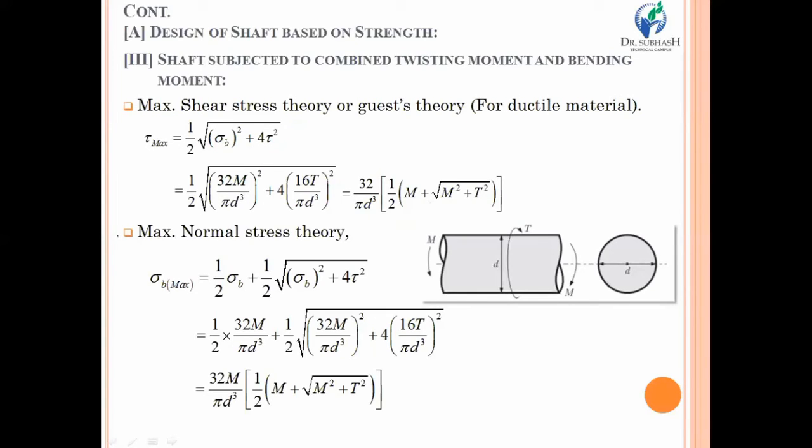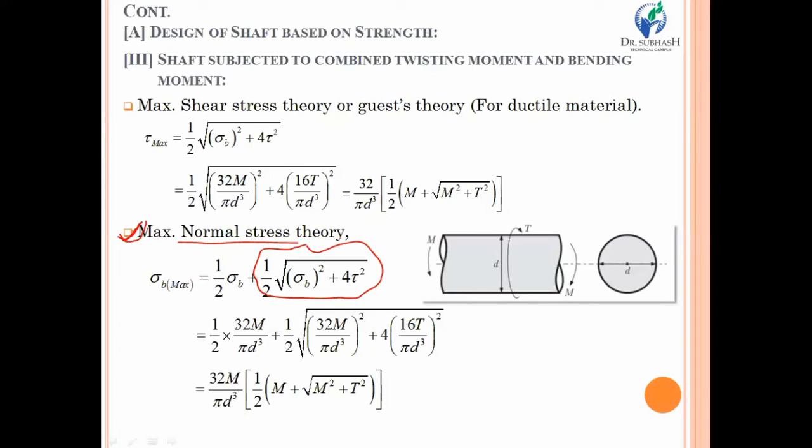One more famous theory coming from the failure theories is the maximum normal stress theory. According to maximum normal stress theory, sigma b max is equal to 1/2 sigma b plus 1/2 under root sigma b square plus 4 tau square. So just put the values of sigma b and tau over here.